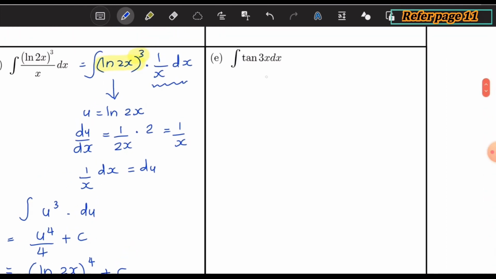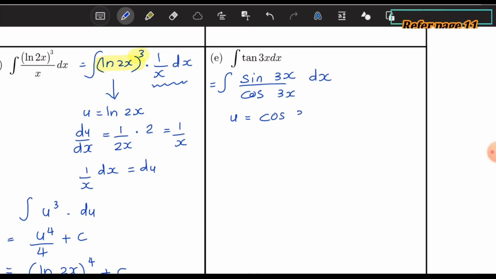And the last one, part E. Integrate tangent 3x dx can be written as integrate sine 3x over cos 3x dx. Okay, and we will use the denominator as u. U equal to cos 3x. Du dx equal to negative 3 sine 3x.